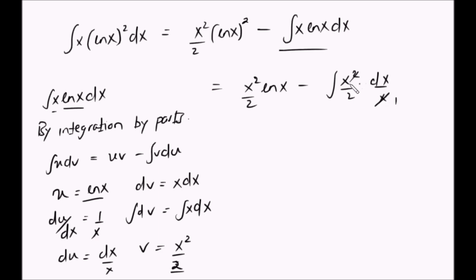So x moja nakufa, nabaki x power 1. So hii itakuwa sasa na x squared over 2 ln x minus, so hii 2 ni constant, I can bring it out, then nabaki na x dx.